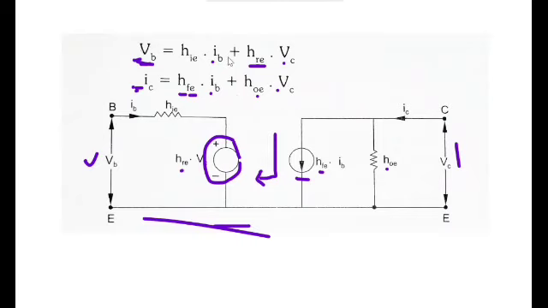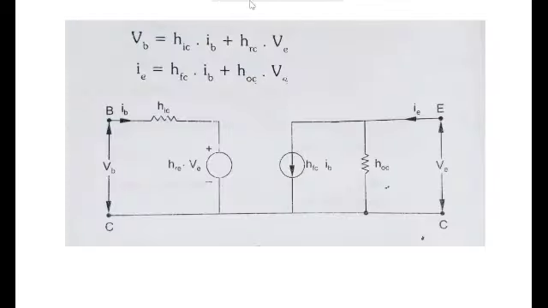And let us move to the common collector configuration. In the common collector configuration the input V1 is VB, given between base and collector, and the output voltage is VE, given between the common terminal collector and emitter. In the first equation, VB is equal to HIC, the input impedance in collector configuration, into the input current IB, plus HRC into VE.